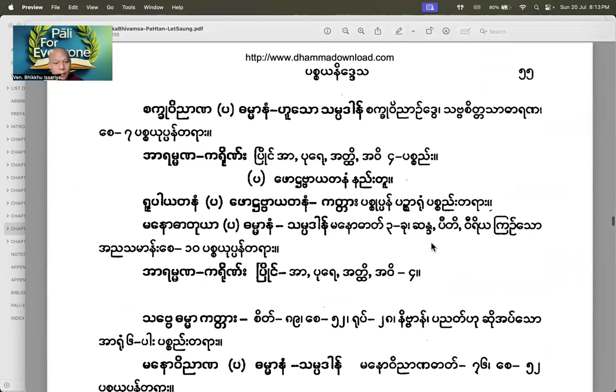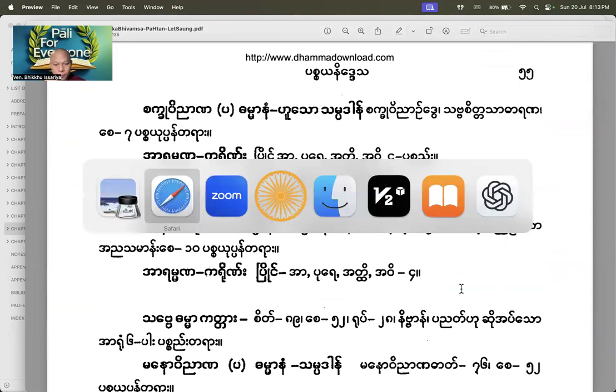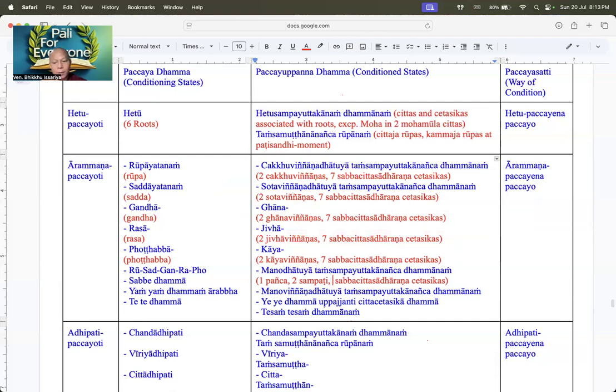The associated cetasikas are the ten aññasamāna cetasikas, except chanda, pīti, and viriya.